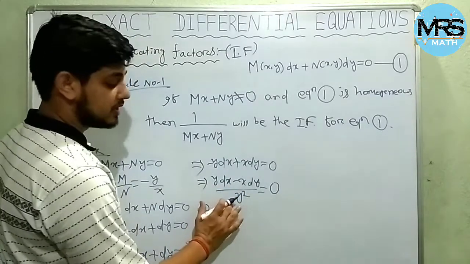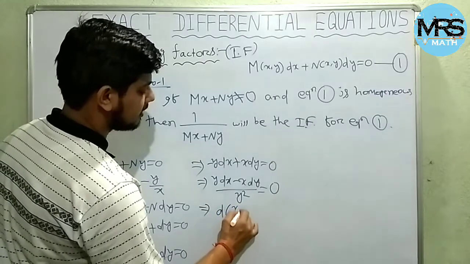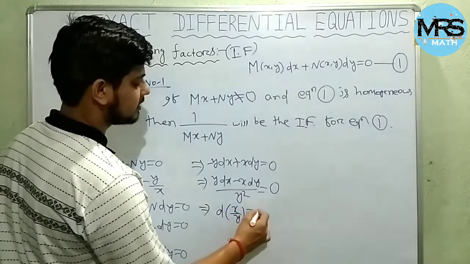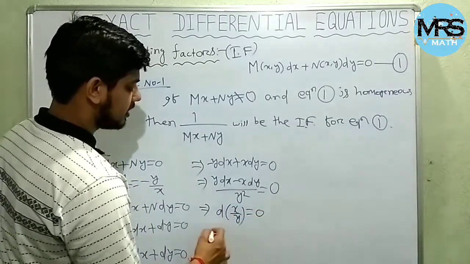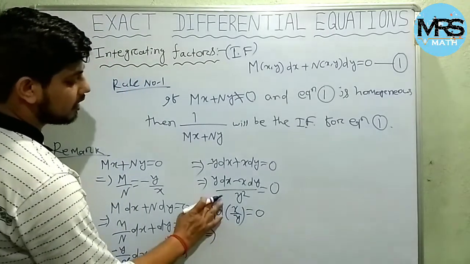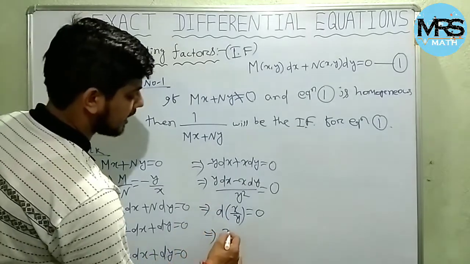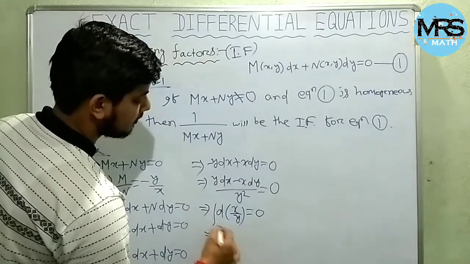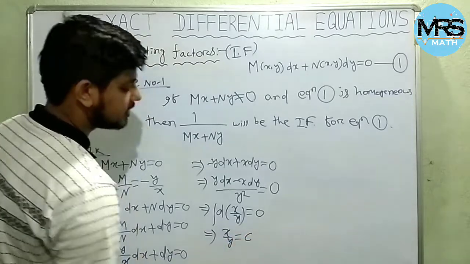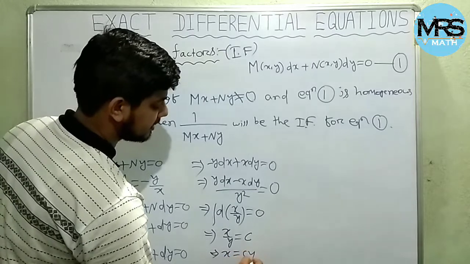This is an exact differential equation, that is d of (x/y). Integrating this, you will get x by y equal to c, correct? So x will be c times y.